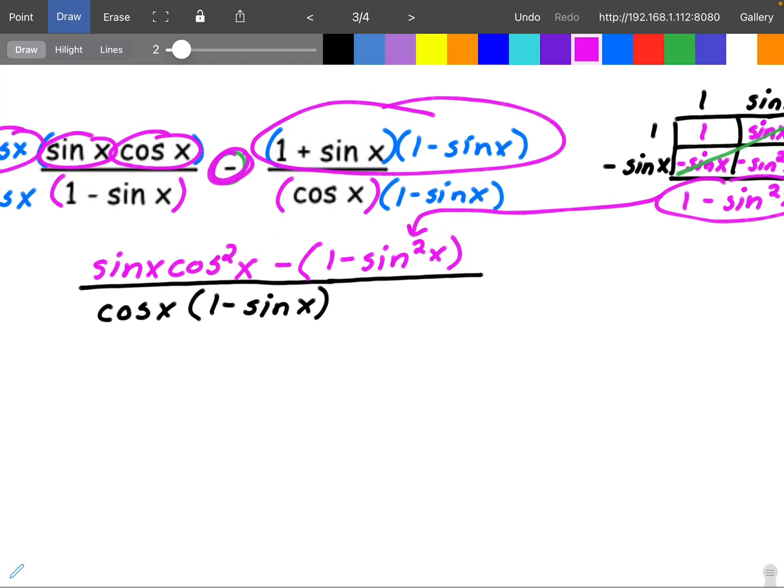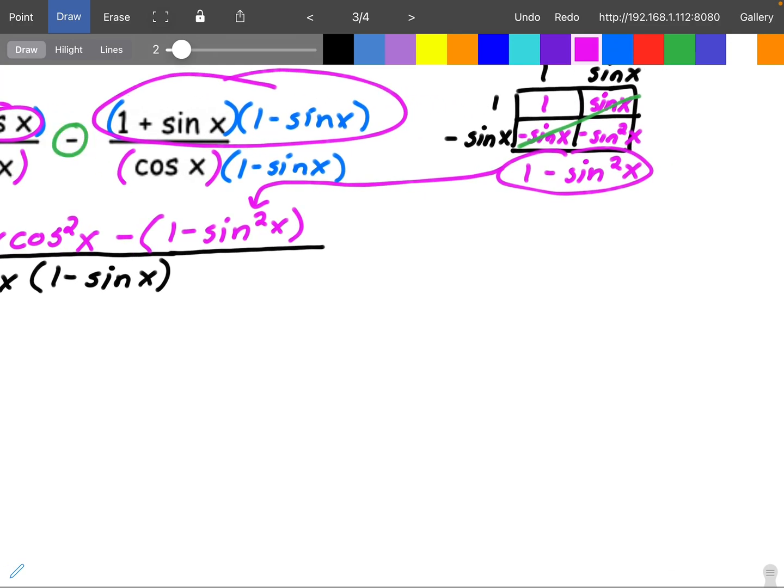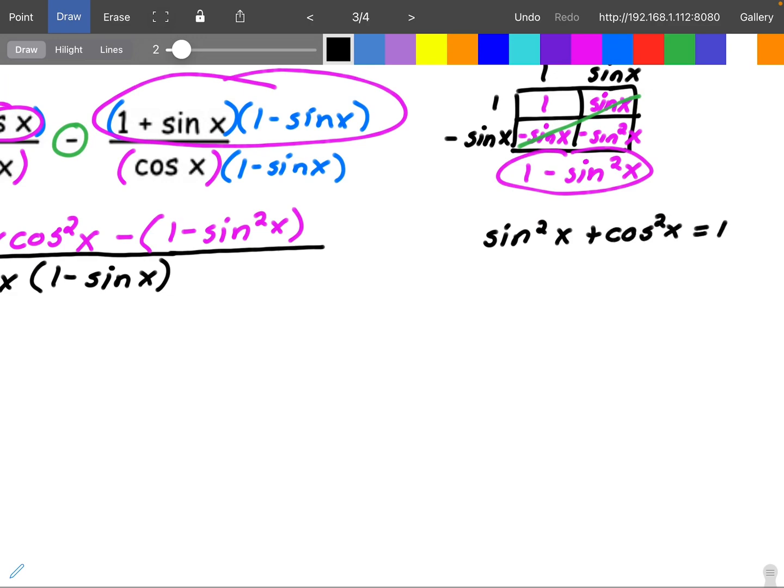Well, first thing that I notice is this is a version of my Pythagorean identity. Because if I go off to the side and I fiddle around with the original Pythagorean identity, sine squared x plus cosine squared x equals 1, then if I subtract sine squared x from both sides, I can get this.